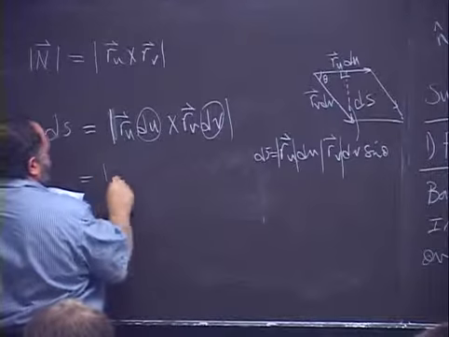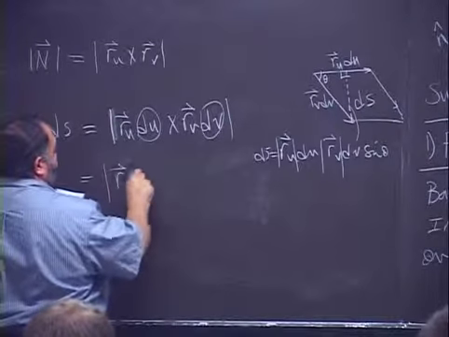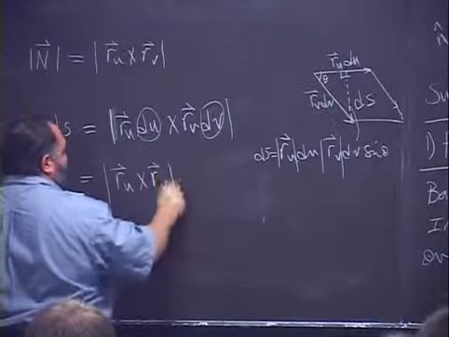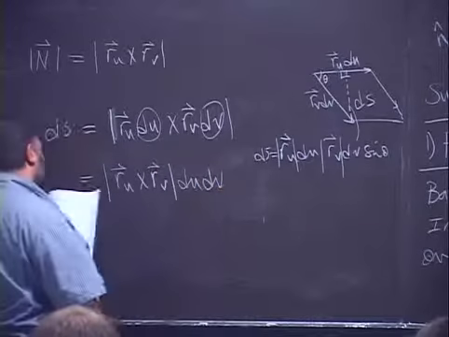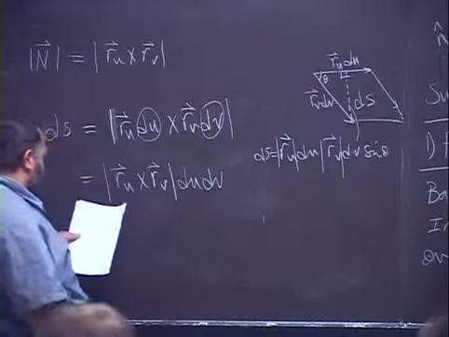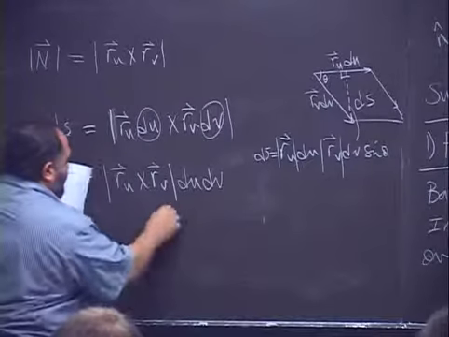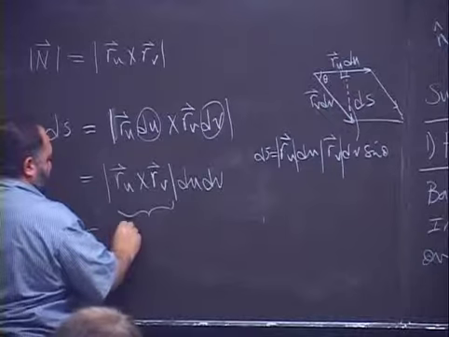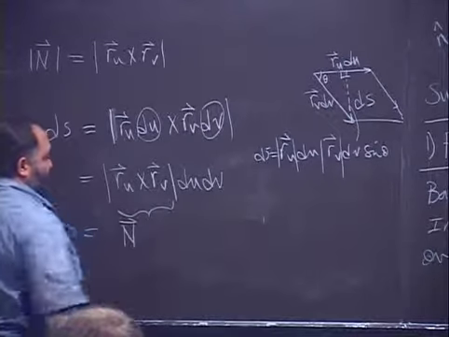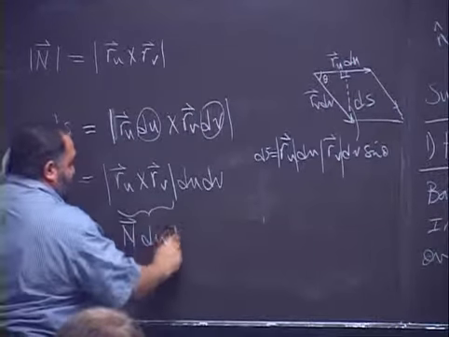So this would be R u cross R v multiplied by du dv. And what's this? This is N du dv.